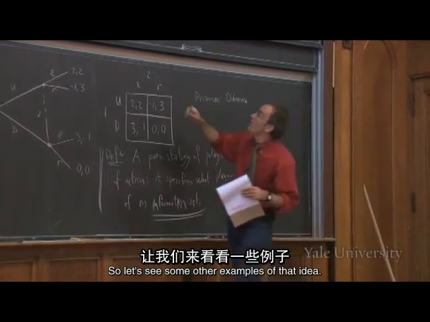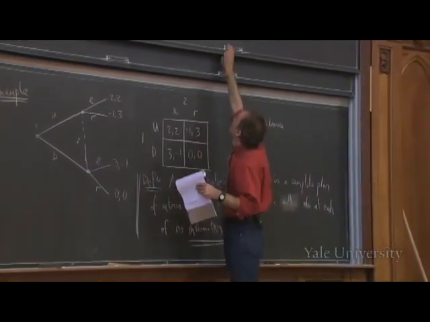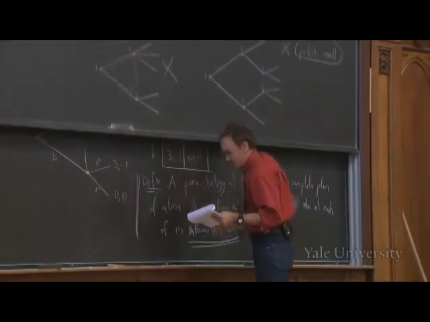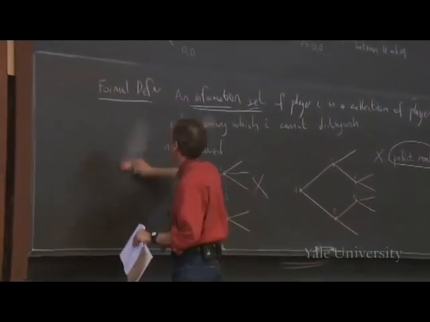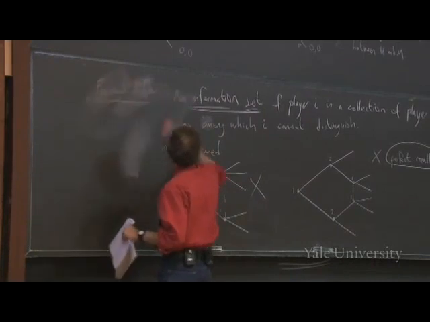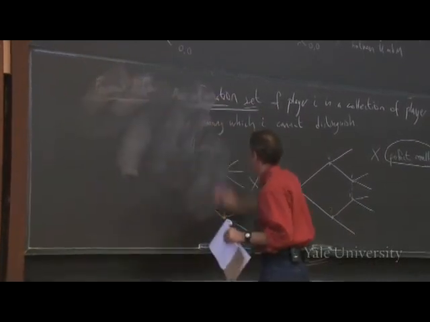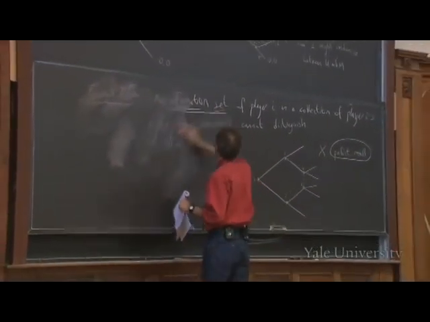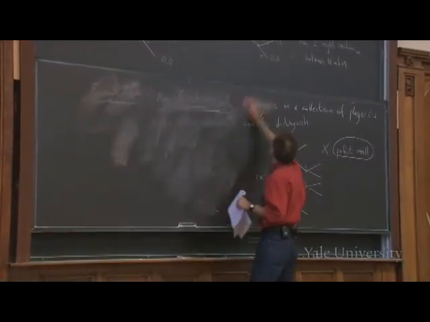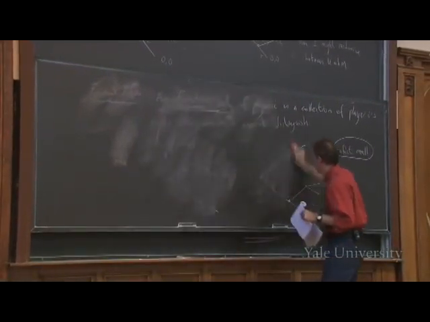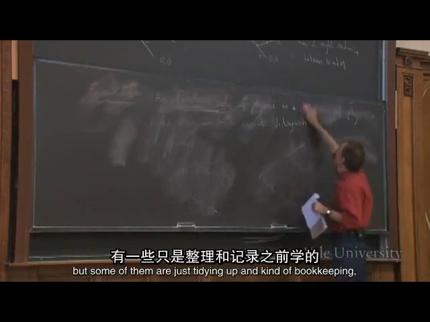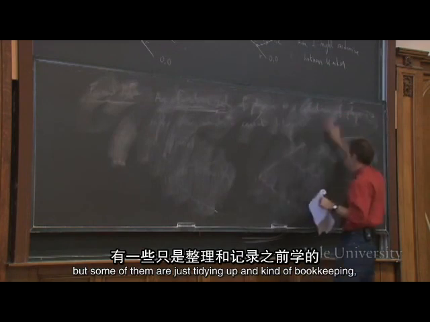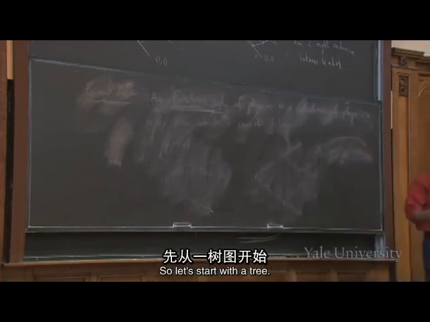So let's see some other examples of that idea. There's a lot of new ideas today, but some of them are just tidying up and kind of bookkeeping, and some of them are more interesting.